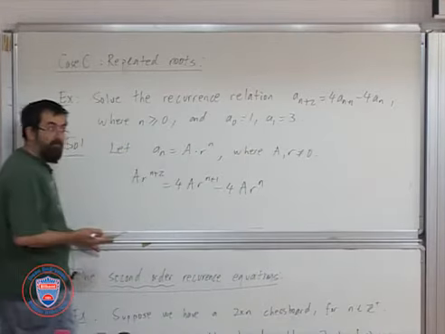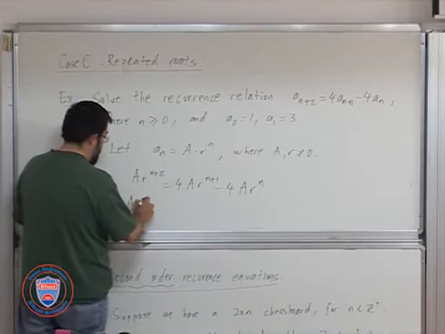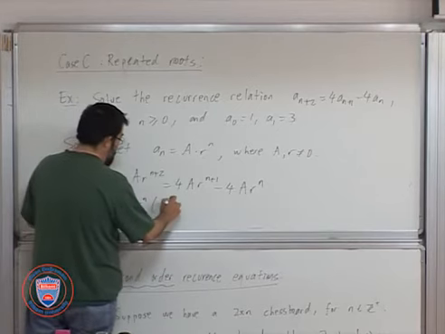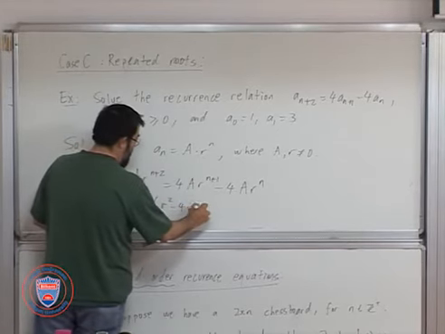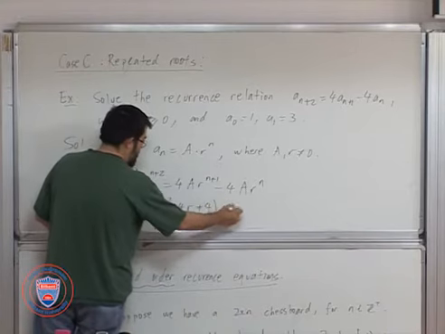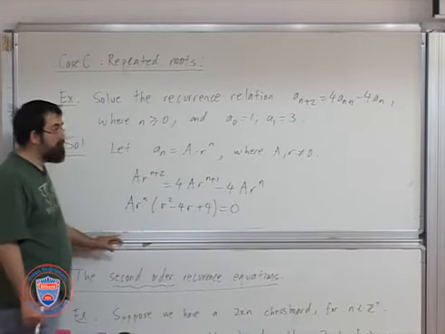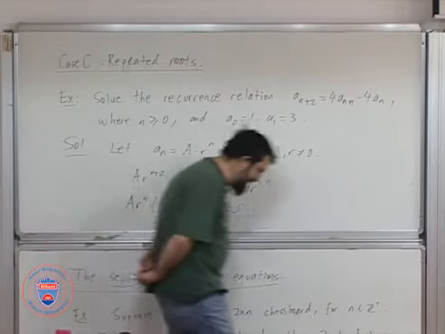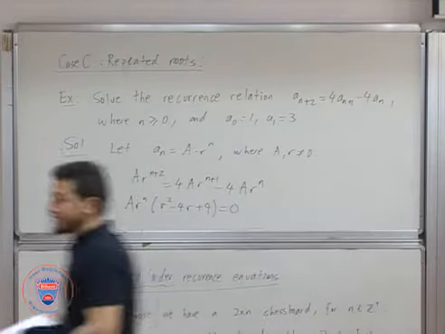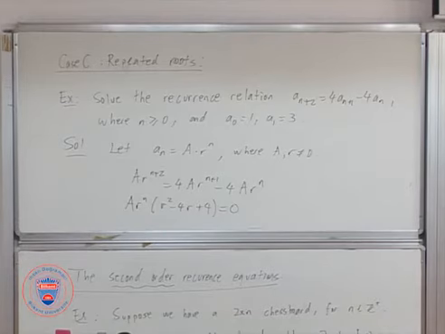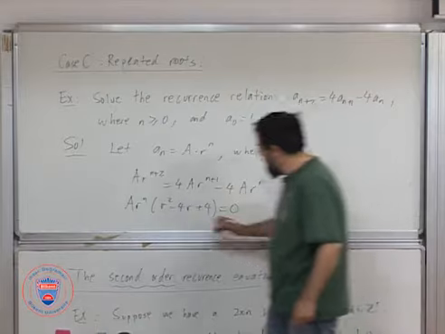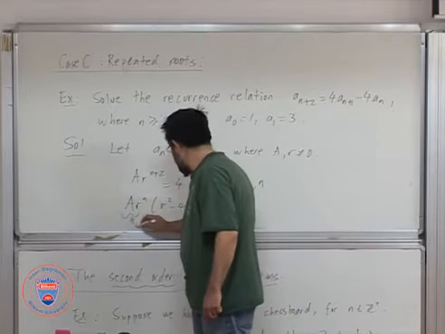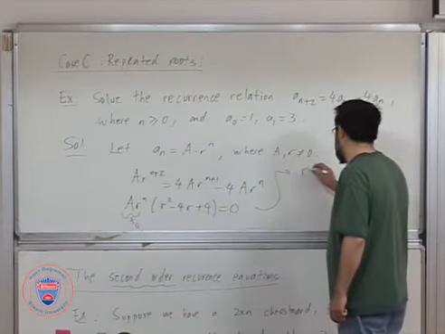And as we did before, you factorize r to the n. And now you get r squared minus 4r plus 4 equals 0. So this part is non-zero, we get this equation.